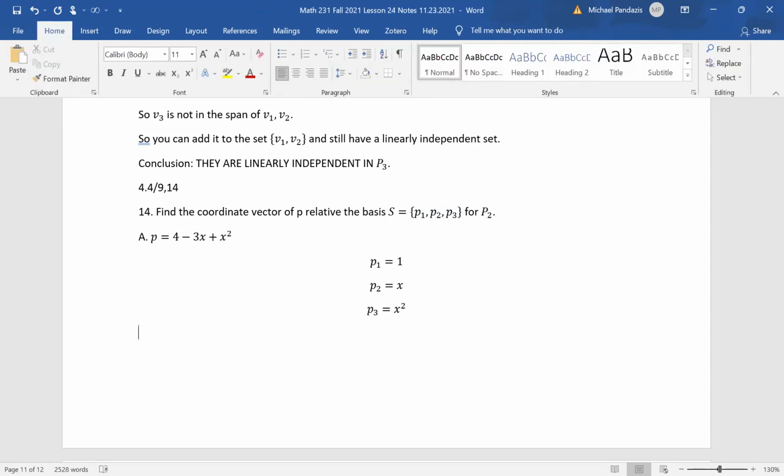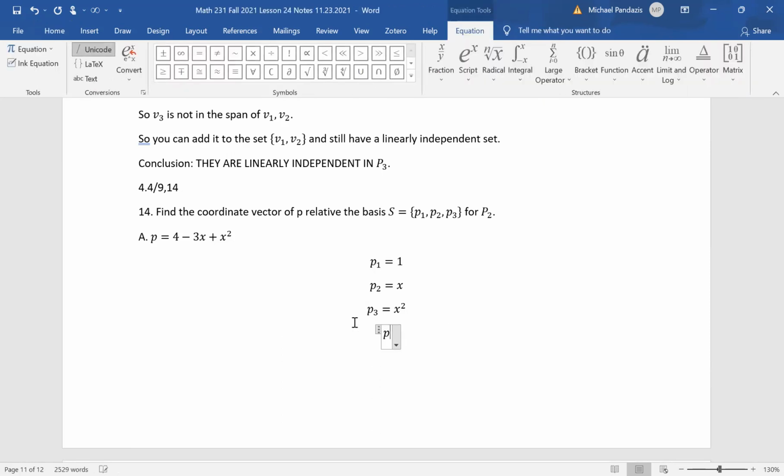We want to find the coordinate vector of p relative to that basis. So p here is equal to 4 times 1 minus 3 times x plus 1 times x squared. And I put the parentheses there to point something out.